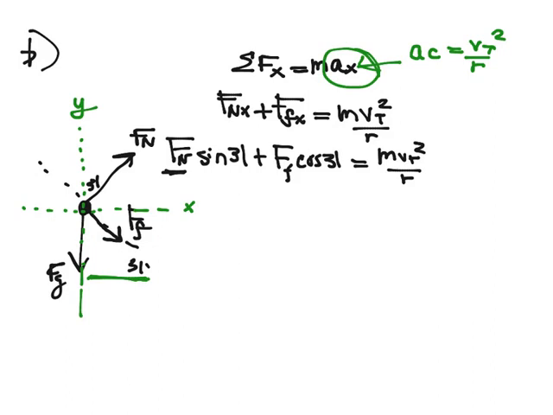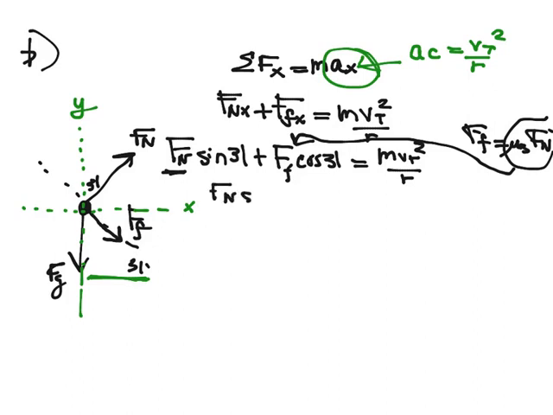Since this is the maximum possible speed, we can use the maximum possible friction. Ff is equal to mu s times Fn. So I'm going to sub that in for Ff, and we will get Fn sine 31 plus mu Fn cosine 31 is equal to m vt squared divided by r.